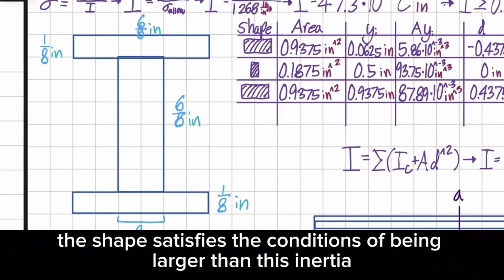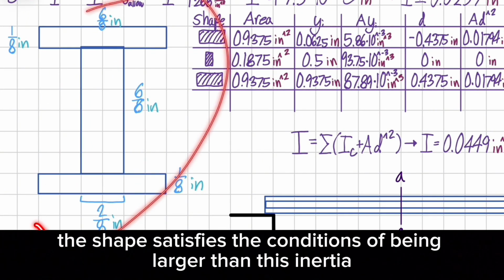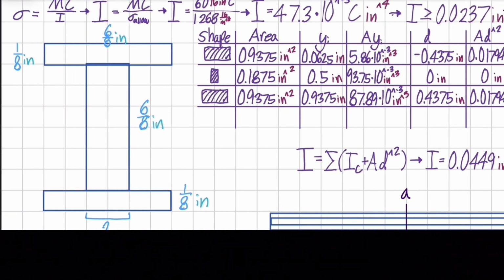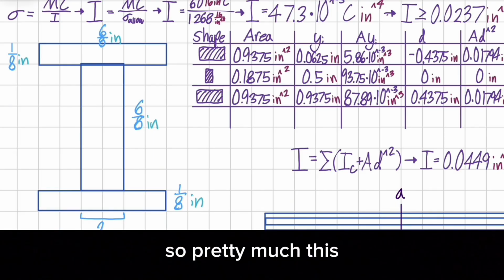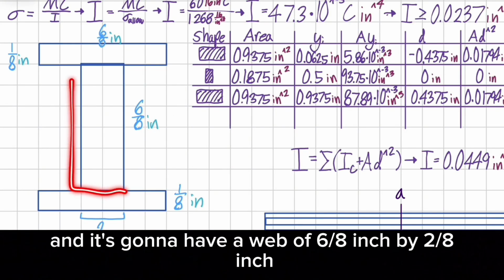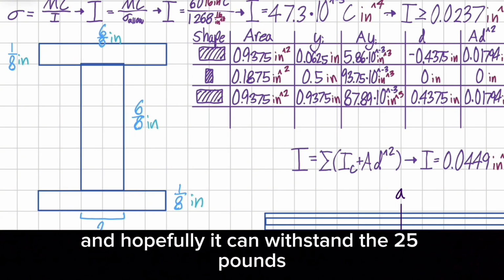As we can see, the shape satisfies the condition of being larger than this inertia. So this I-beam is going to have a flange of 1/8 of an inch by 6/8 of an inch, and a web of 6/8 of an inch by 2/8 of an inch, and hopefully it can withstand the 25 pounds.